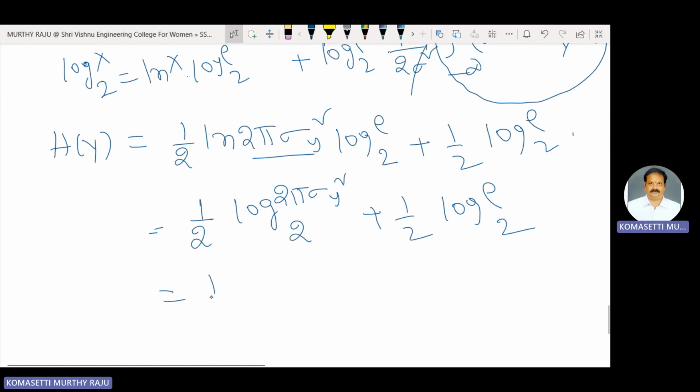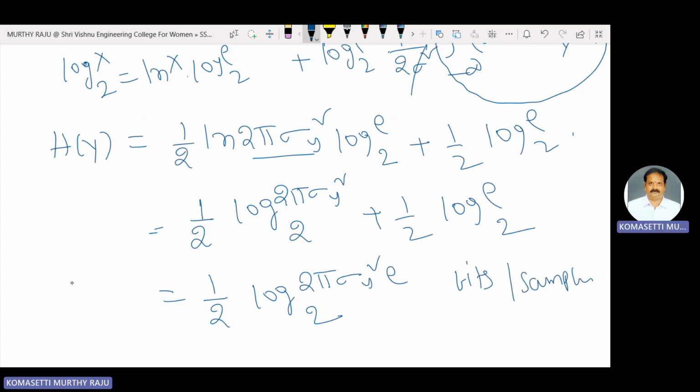That is equal to 1 by 2 log, this is the bits per sample, h of y.